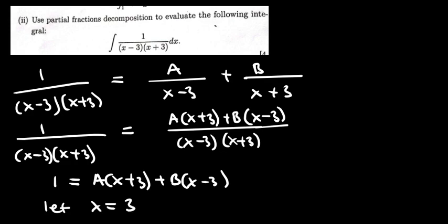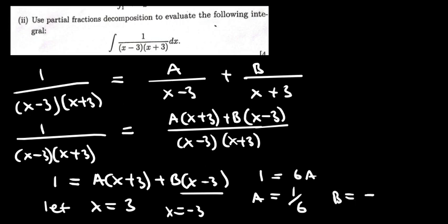When x is 3, this part becomes 0, and I just remain with 1 equal to 6a. That means my a is going to be 1 over 6. When I do the same with x equal to negative 3, I get that b is going to be negative 1 over 6.